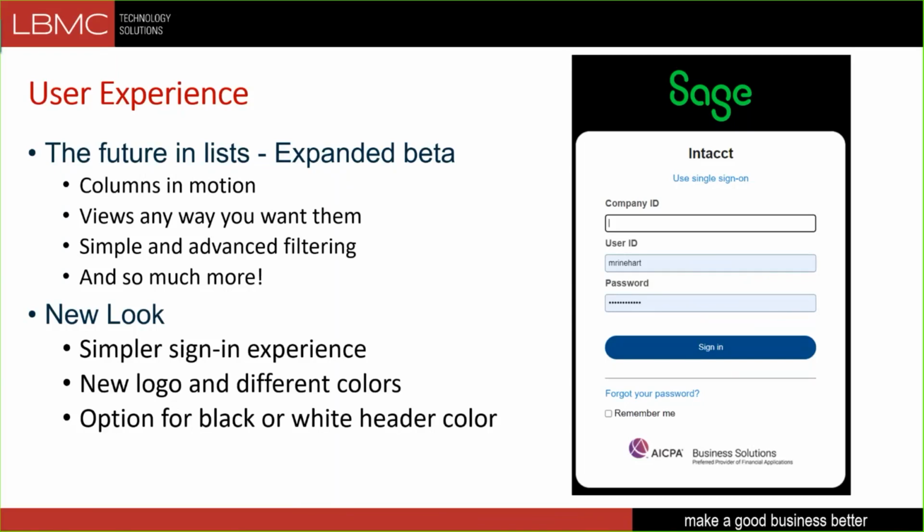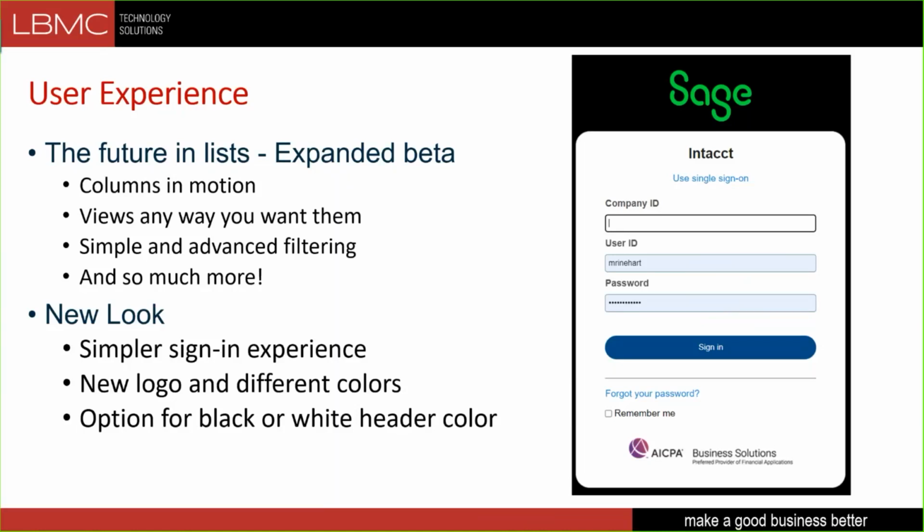If you have a logo, the header color will remain white. But if you don't have your own logo in the header, you'll see that it probably is showing up black right now.